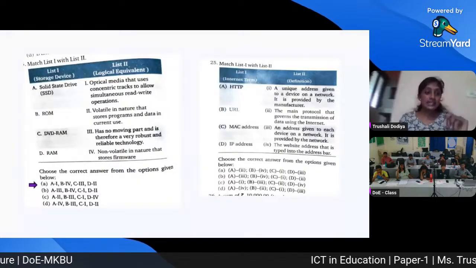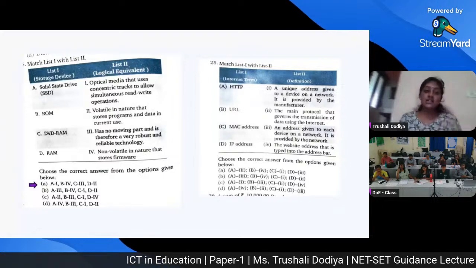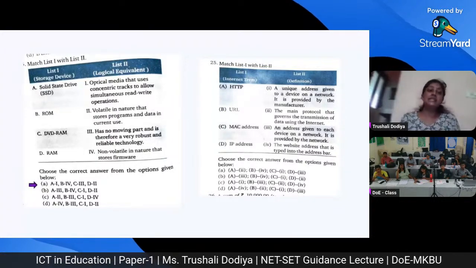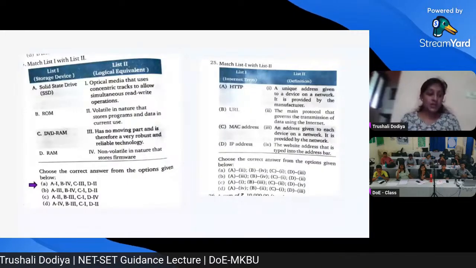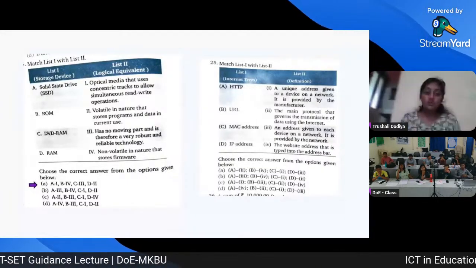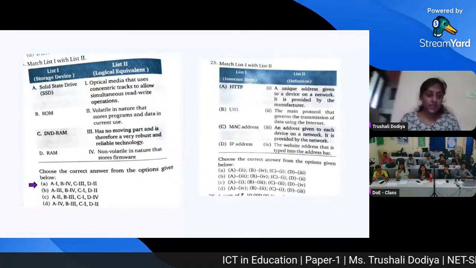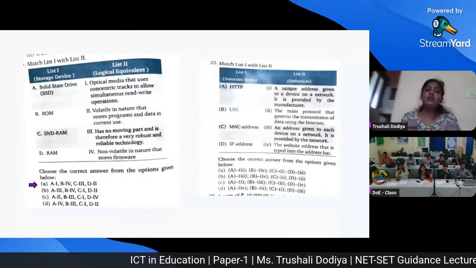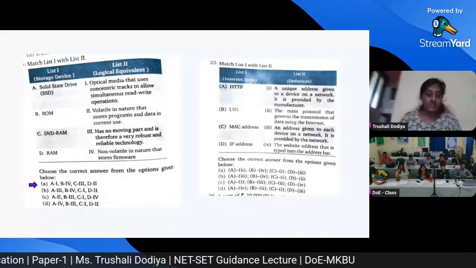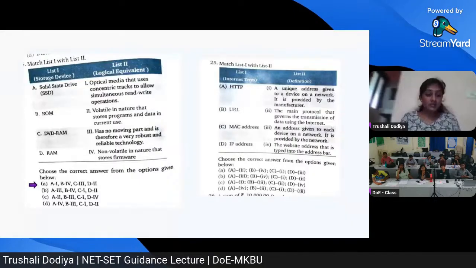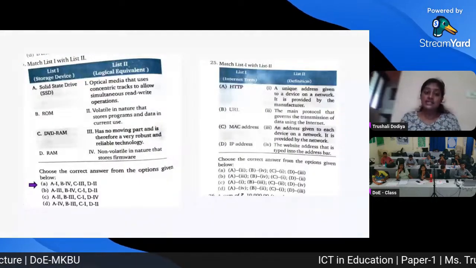Solid state drives have no moving part and are therefore a very robust and reliable technology. Then ROM, which is non-volatile in nature, stores firmware. DVD RAM functions as optical media that uses concentric tracks to allow simultaneous read-write operations.